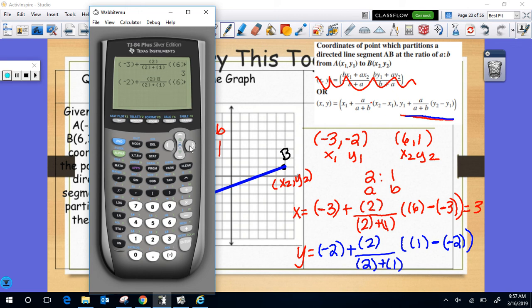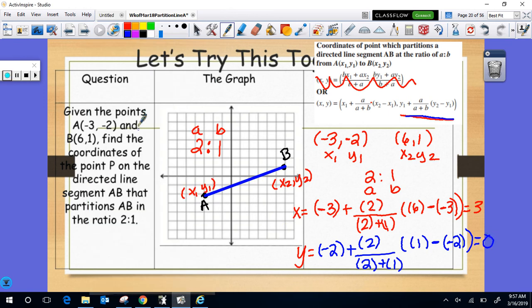So here you get 2 plus 1, that one's good. And then we're going to change the 6 to the 1, and change the negative 3 to a negative 2, and then push enter. And that would be 0 for y. So our y value is 0.